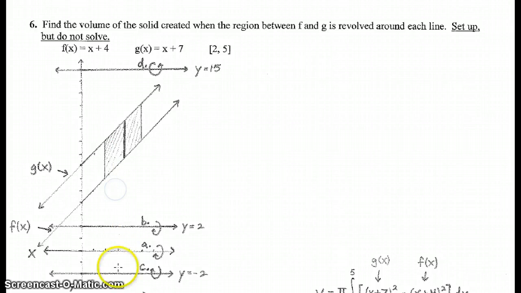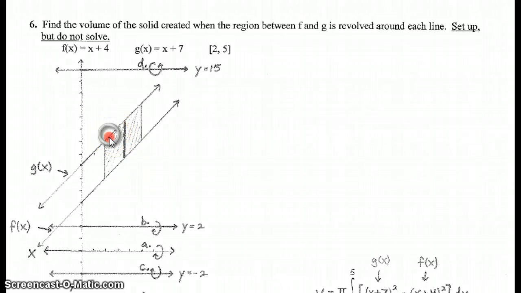Now, part B says let's revolve that region around y equals 2. If we're going to revolve that region around y equals 2, then we have to change a little bit. Our outer radius is still going to be g of x. G of x is further away from y equals 2 than f of x is.